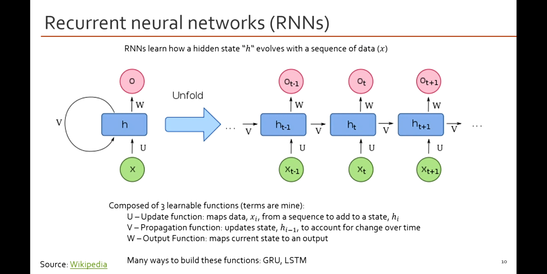And then a final term called W, which I'm going to call the output function, which takes that state and uses it to predict some kind of output, which here, as in our NER example, could be a description of whether the word at that current position in the sequence is an entity or not.